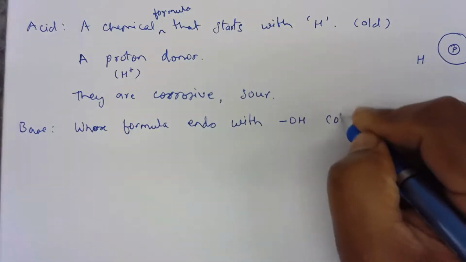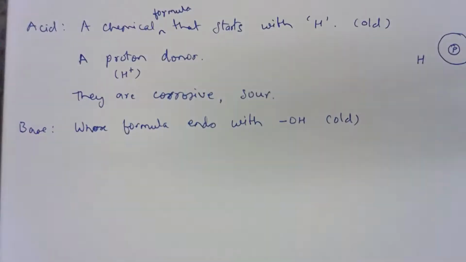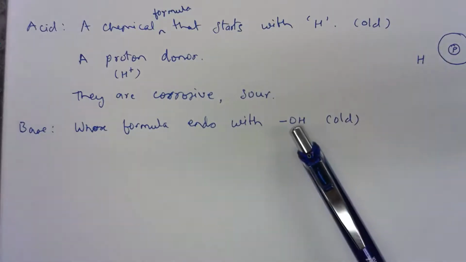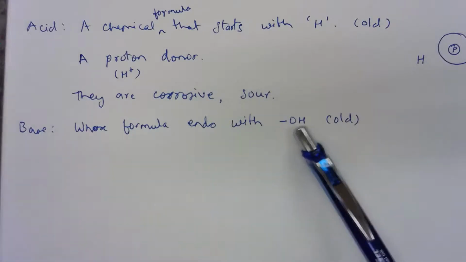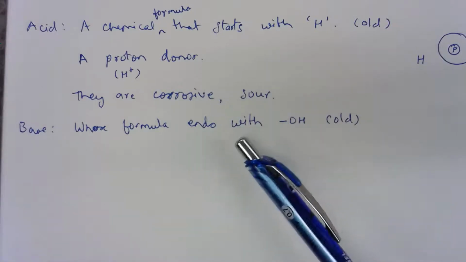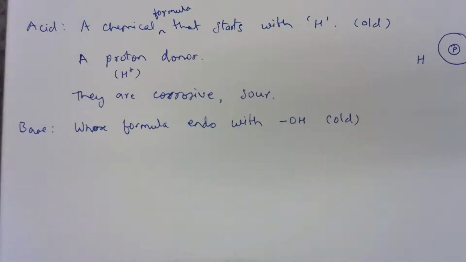This is the old definition. And for the longest time, this worked. But then they found out that there are some chemicals whose formulas don't end with OH, and yet their properties are very similar to that of other bases.